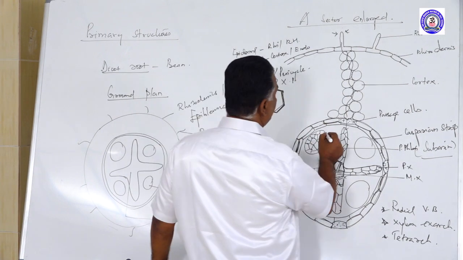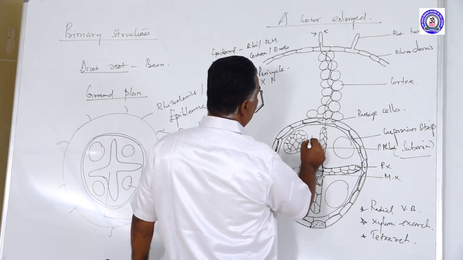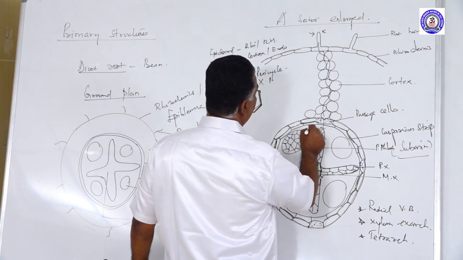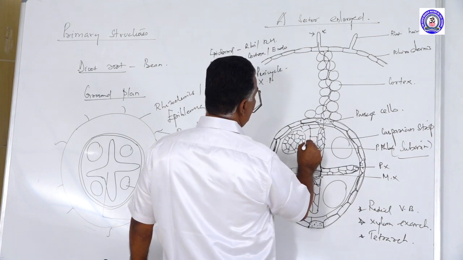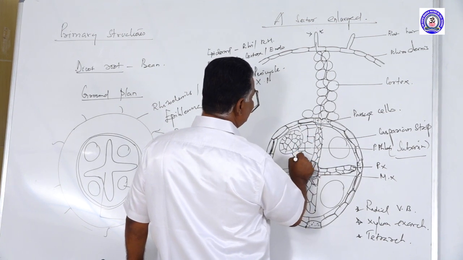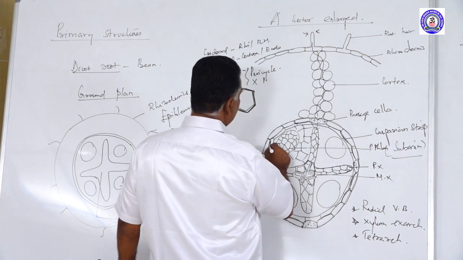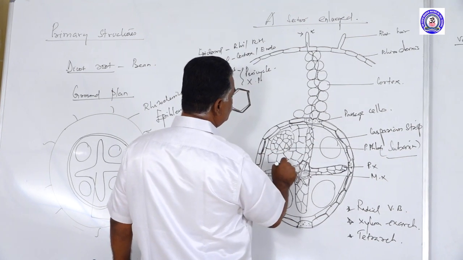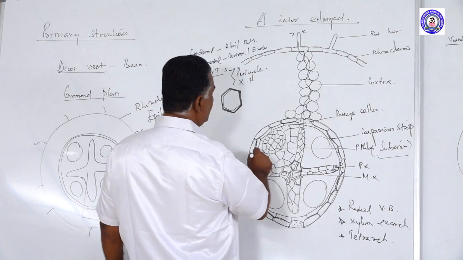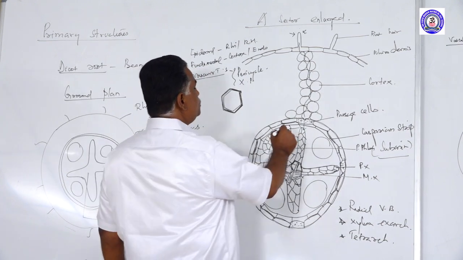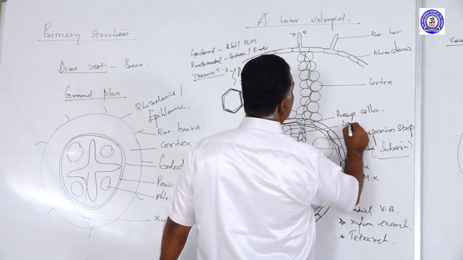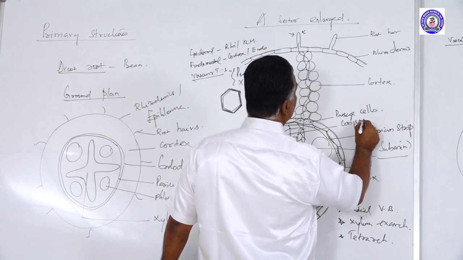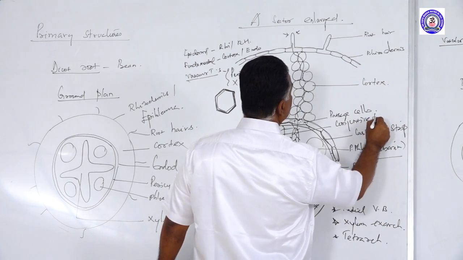Now, one more thing is that xylem and phloem are connected by parenchymatous tissues. The tissue that separates xylem and phloem is also made up of parenchymatous cells. These tissues are called conjunctive tissues.